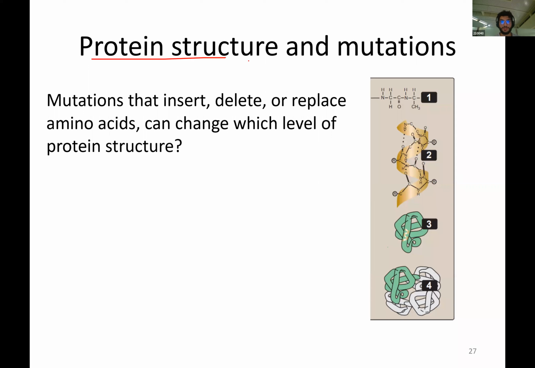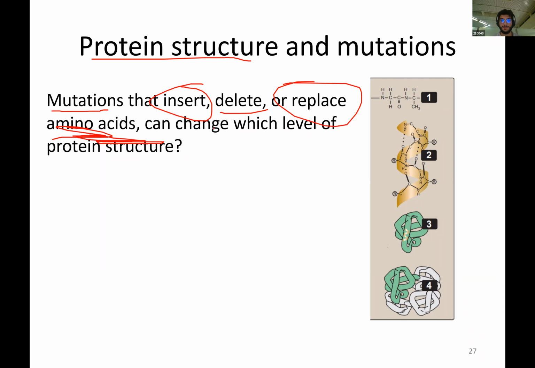All right, so protein structure. We've been talking about misfolding of proteins and denaturation. Now, there's another way proteins can start not folding right in the first place, which is a mutation. A mutation could be an insert mutation, for example. Specific sequences in the genes may be inserted, some of them may be deleted, some of them will be replaced, etc. Basically, this just adds or removes amino acids.